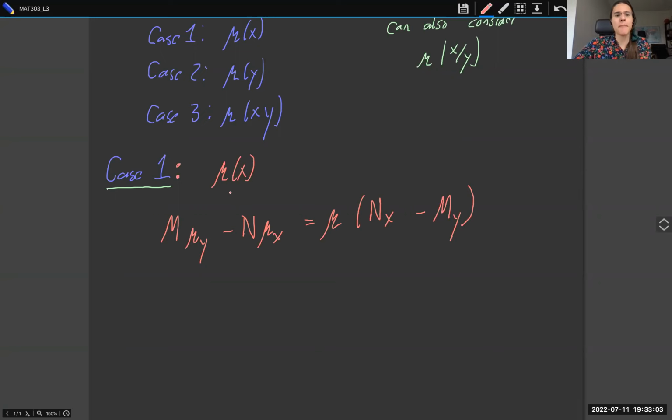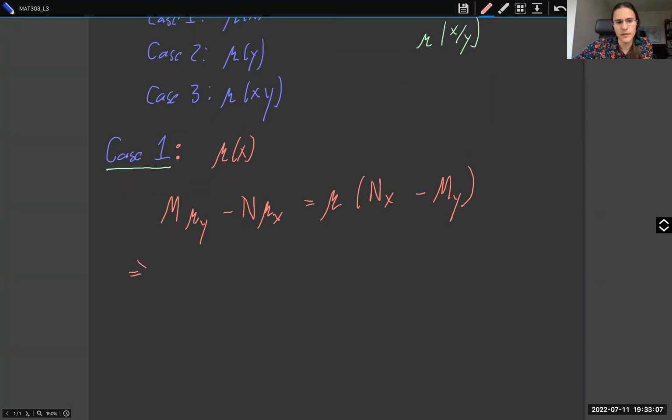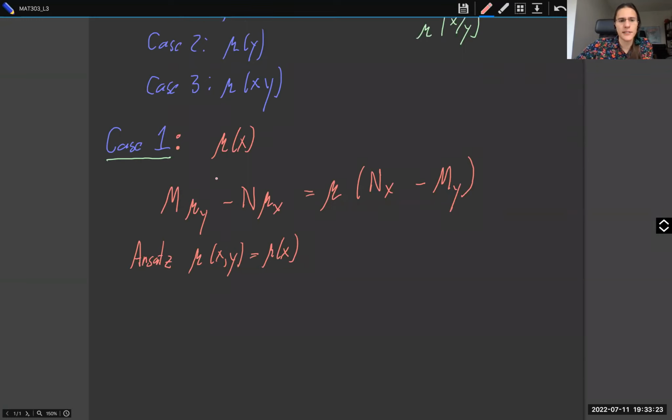Okay, now let's imagine that mu is a function of x alone. So mu(x, y) equals mu(x). So it's just a function of x. What's the partial derivative with respect to y of a function that does not depend on y?